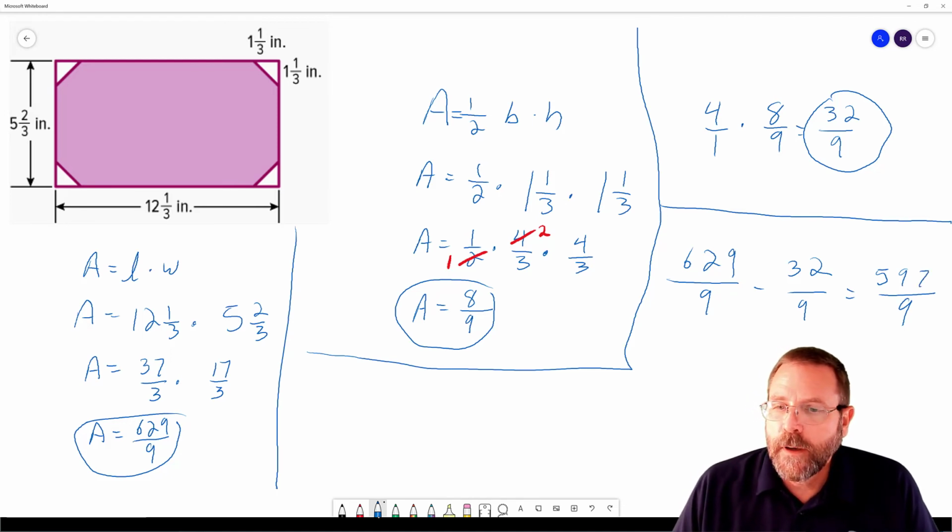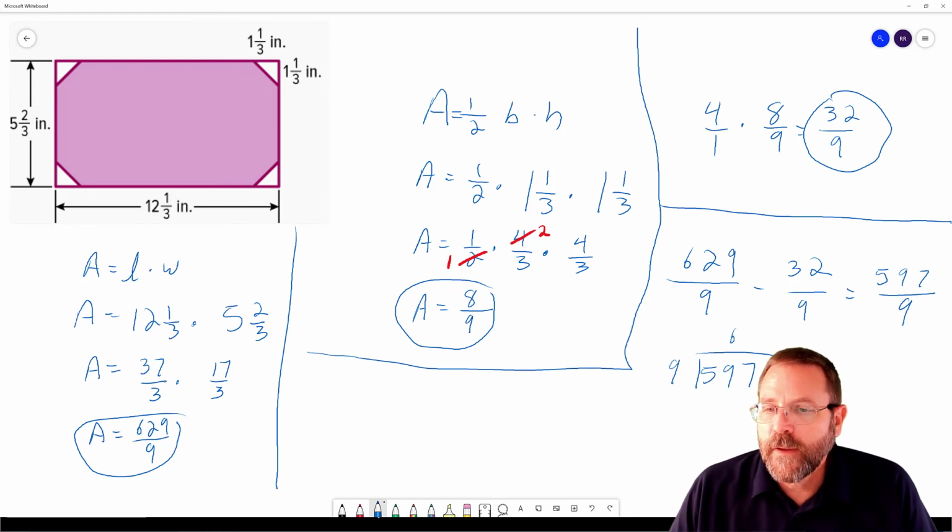And now we're going to do 597 divided by 9. 9 goes into that 6 times, which is 54. Leaves 5 left over, bring down the 7.